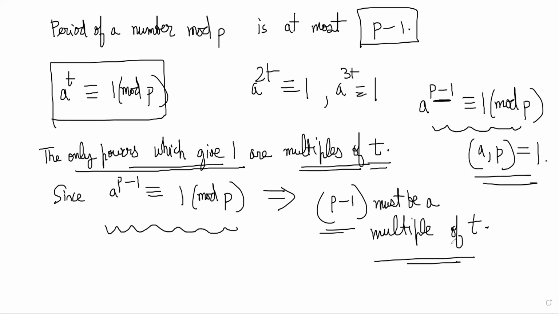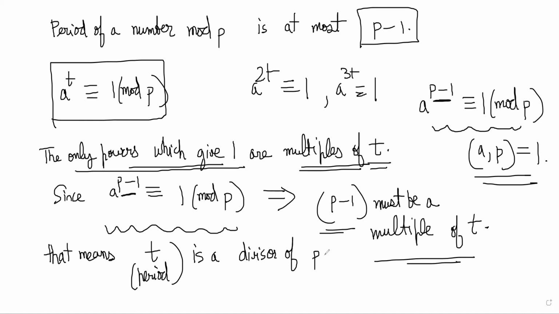So p minus 1 must be a multiple of t, because this is a power that is giving 1 mod p. So if p minus 1 is a multiple of t, that means the period t is a divisor of p minus 1.